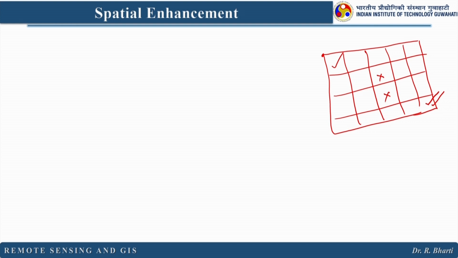So x and y are basically the location values for this particular pixel. So when we are talking about spatial enhancement, we always take care of their location. If you are not taking care of the location, that means it will not qualify for this spatial term, right?